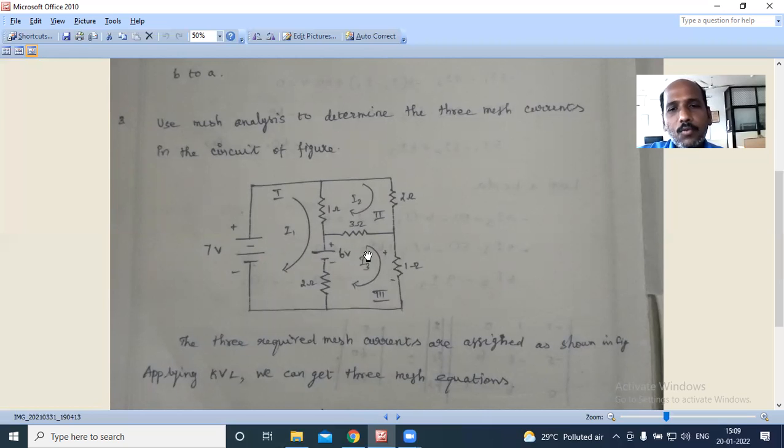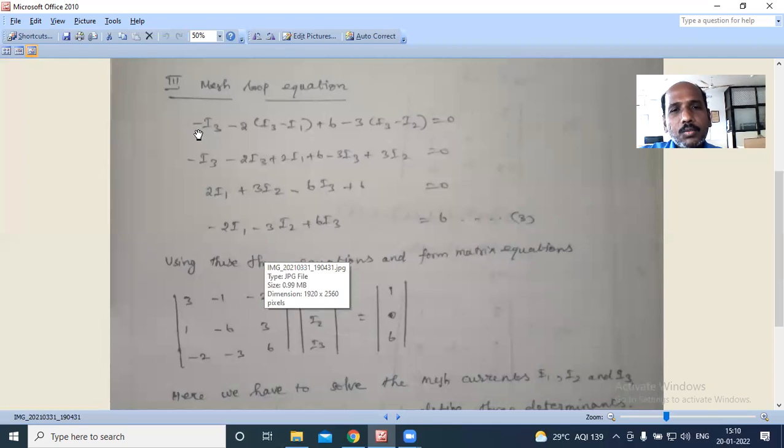-1 into the current that flows through this 1 ohm resistor, which is only I3. So 1 into I3. Since it is a resistor, just blindly put -1. So -1 into I3. That is the first one. And next, the 2 ohm resistor.